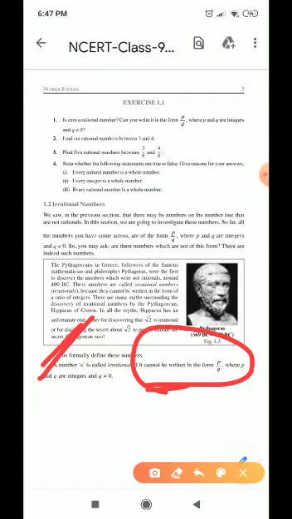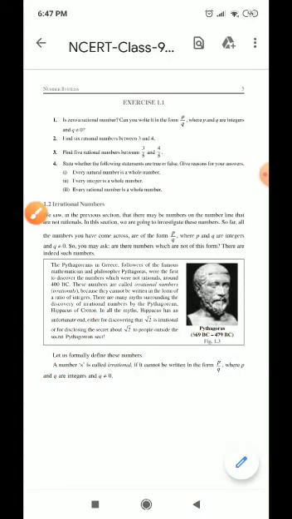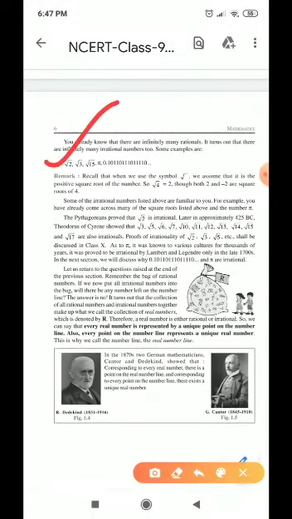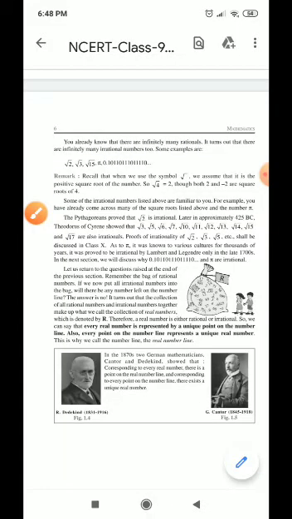The numbers which can be written in the form p upon q are the rational numbers, and the numbers which cannot be written in the form p upon q are called irrational numbers. As we know, root 3, root 5, root 2, root 15, root 7, pi, all are irrational numbers.